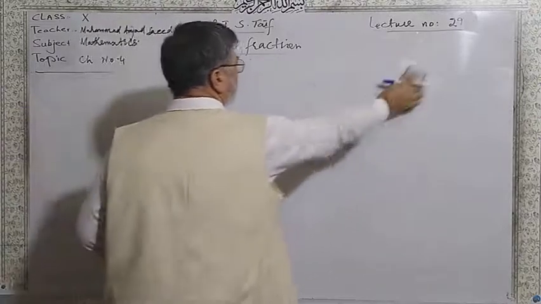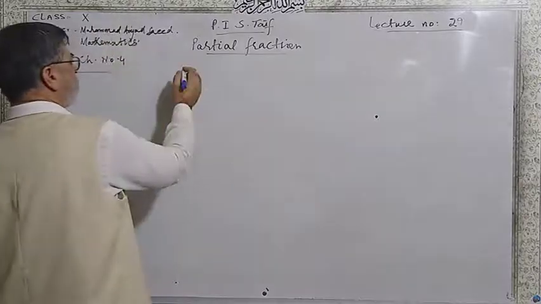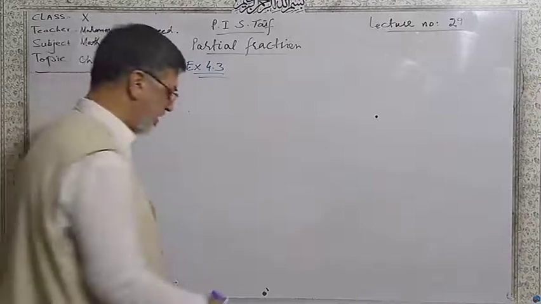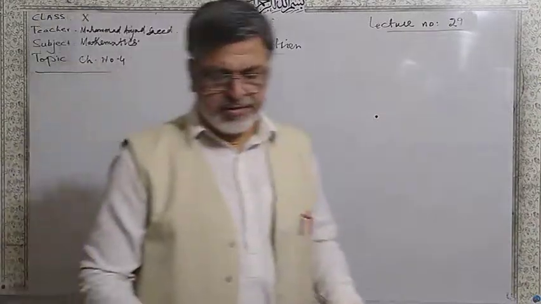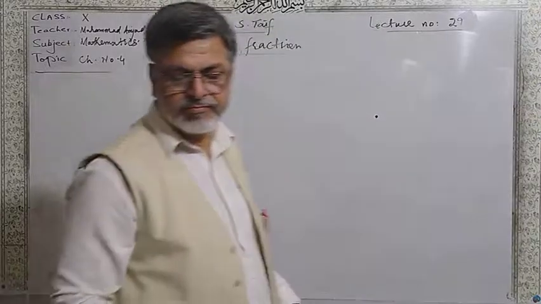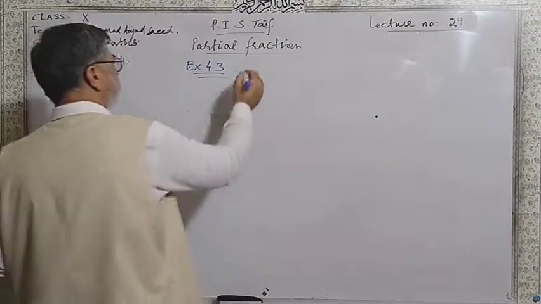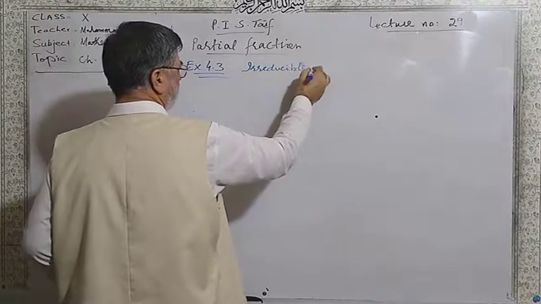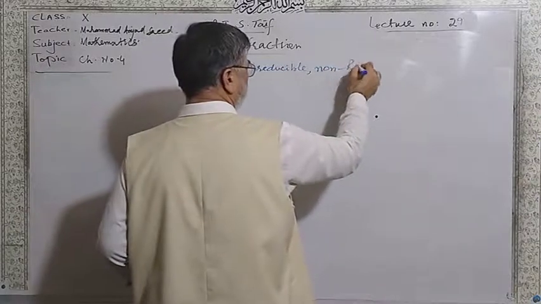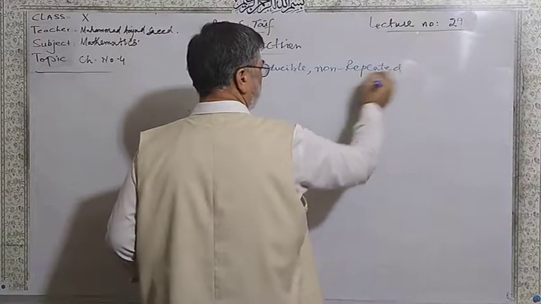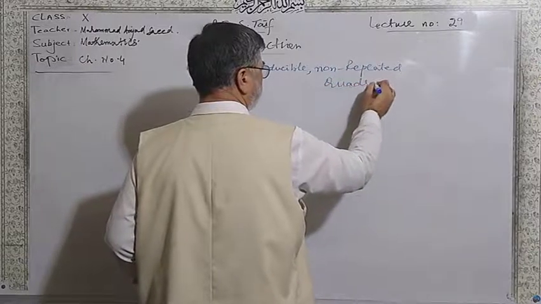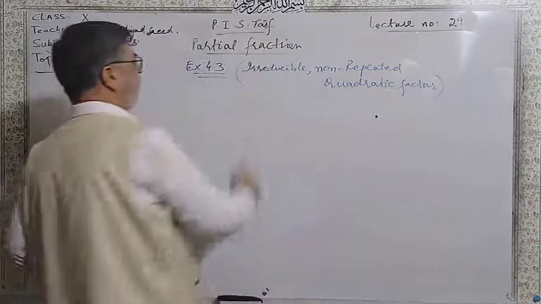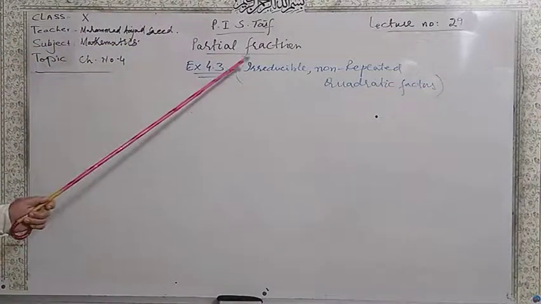Remember that in 4.3, the title of exercise 4.3 is irreducible, non-repeated quadratic factors. This is the title of your exercise 4.3.